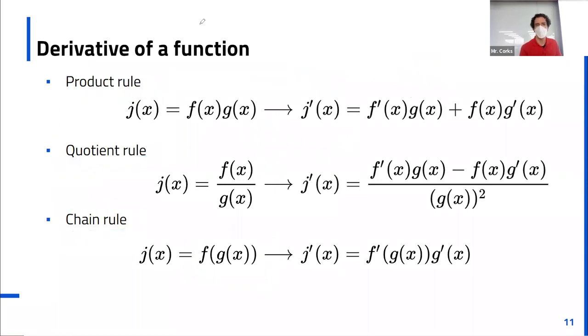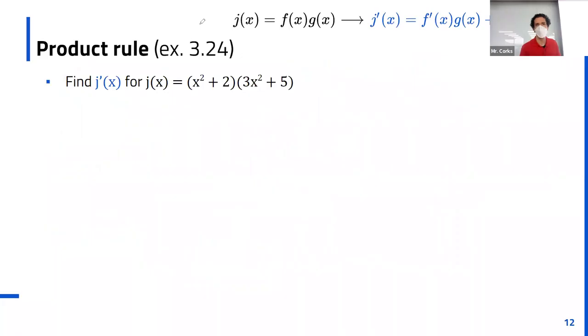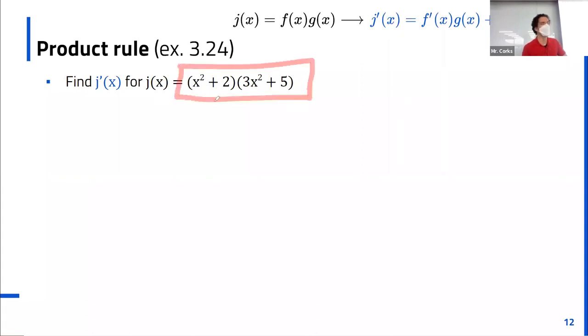Okay, so product rule first. All right, this is product rule. So let's say we have something like this. From our derivative tools we know so far, we can't directly find the derivative of this. So one of the ways we could do this is we could just expand the brackets.